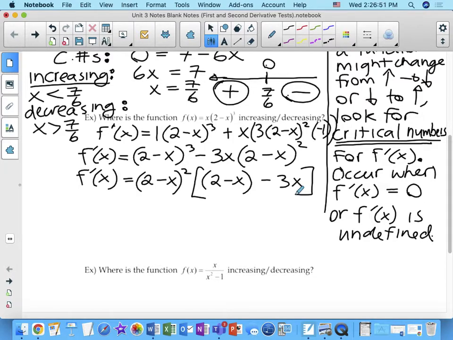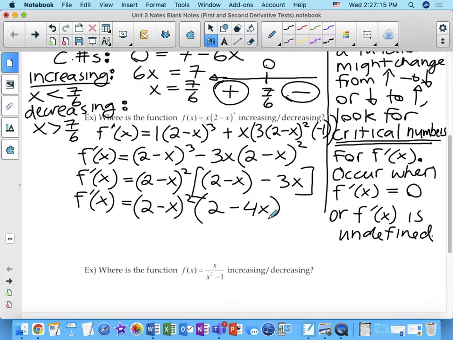Okay, and then I can simplify this second bracket over here. And that gives me 2 minus x squared times 2 minus x minus 3x, which is 2 minus 4x.